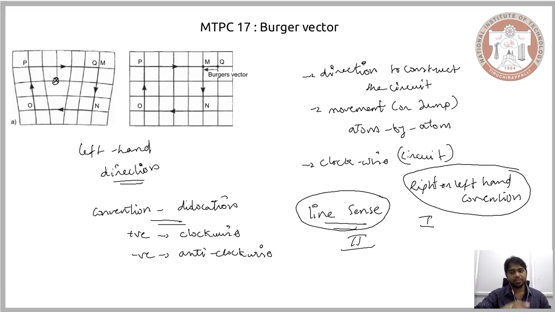So before winding up this discussion on the Burgers vector, let us consider a few terminologies that are used when discussing the Burgers vector, or when quantifying the distortion that is introduced by the dislocation. Now, consider the case that we have been looking into, the two-dimensional representation of a positive edge dislocation in a simple cubic crystal structure.